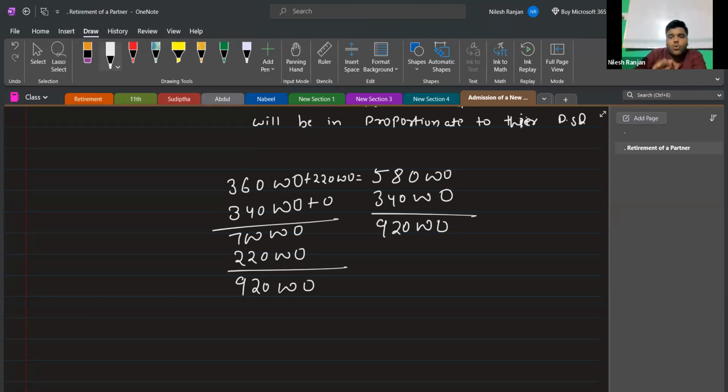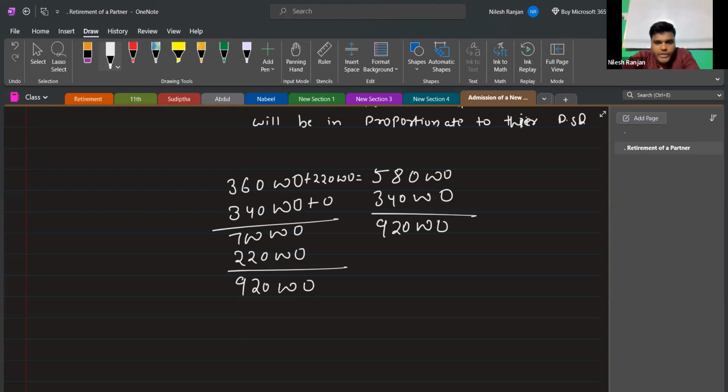So whoever is bringing cash, it is not necessary for us to know. But we know for sure that they will bring total cash of 2,20,000. Yes or no? They will bring combinedly total cash of 2,20,000 for payment of C. So their total capital will increase by 2,20,000.